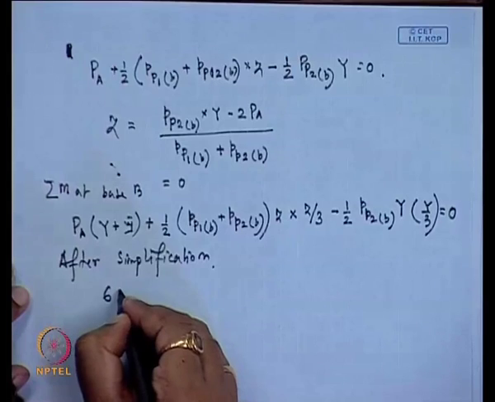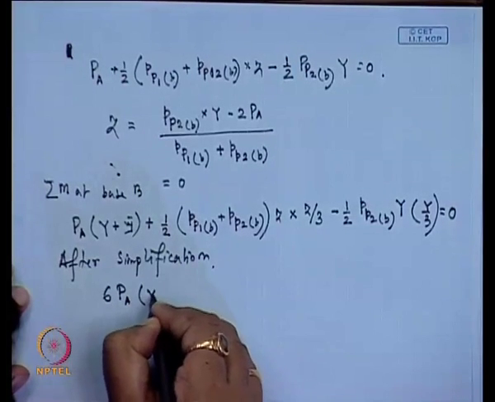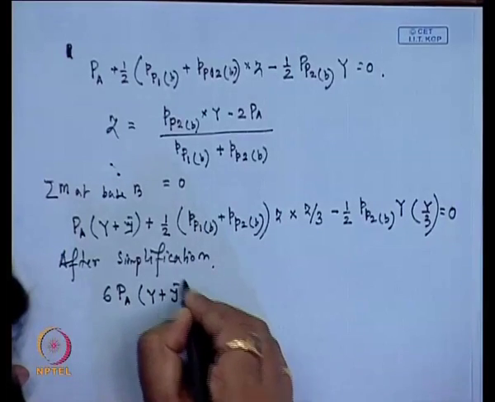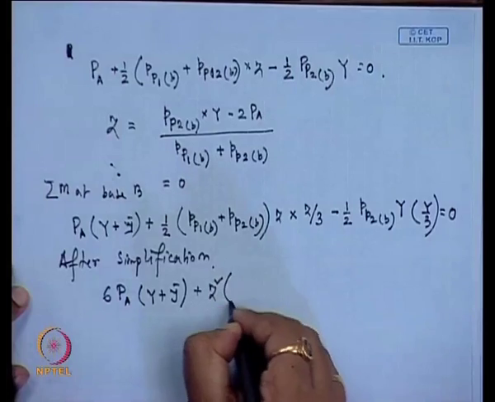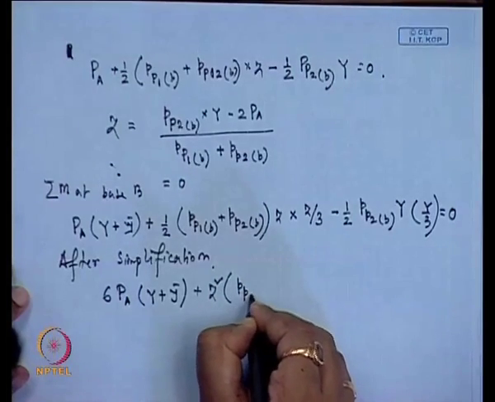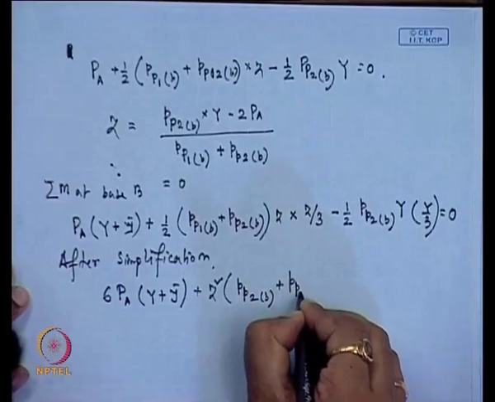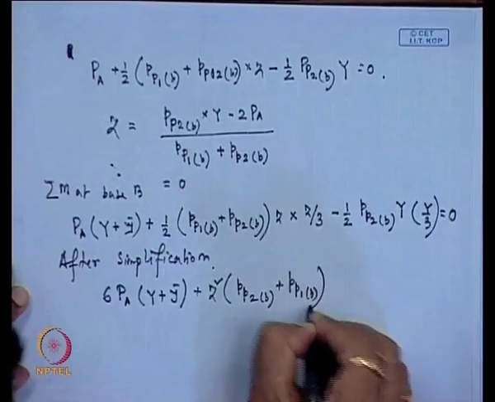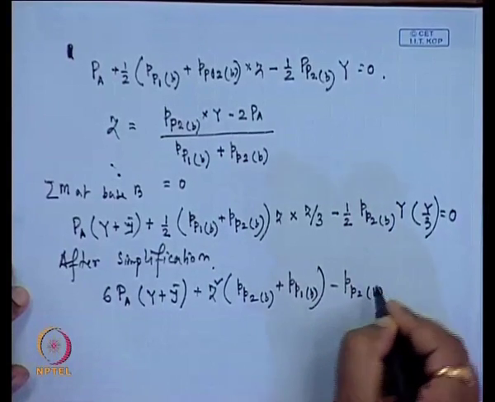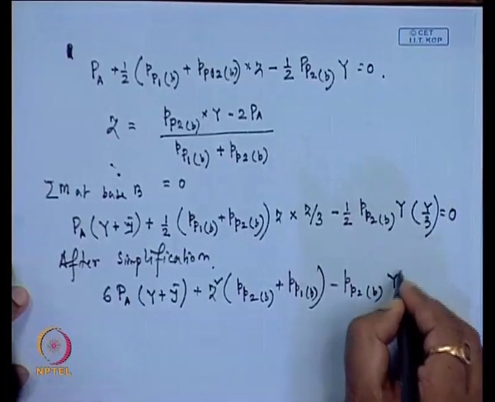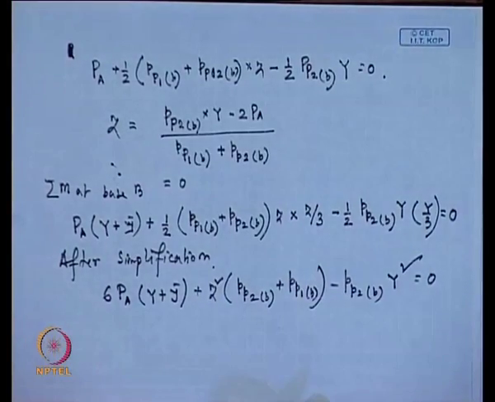after simplification we can write 6 P_A into (capital Y plus y bar) plus z square (P_P2 B plus P_P1 B) minus P_P2 B y square, that is equal to 0.